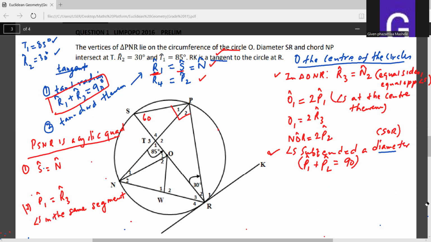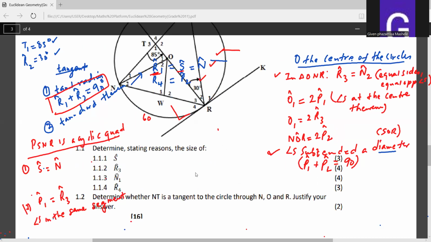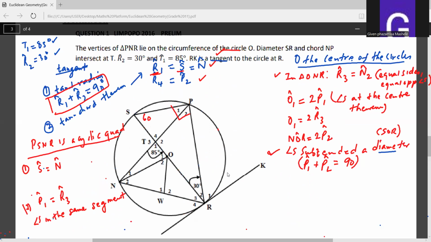The next question says, with reason, determine the size of R3, guys. How are we going to get R3? In order to get R3, we can get R3 in many ways.